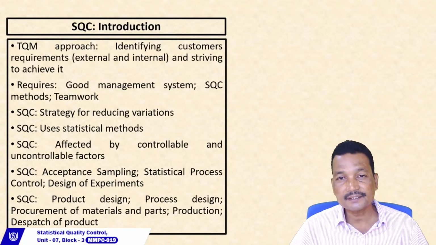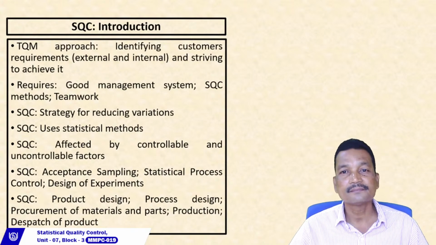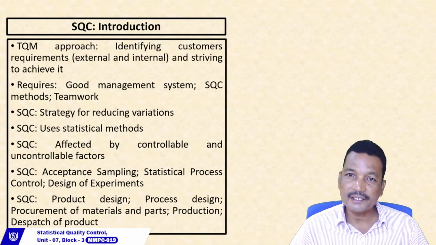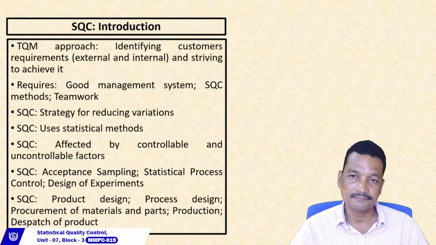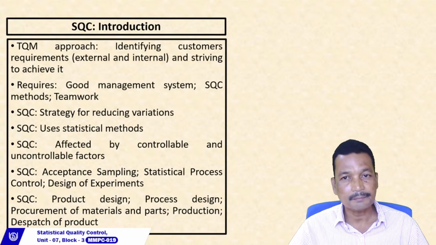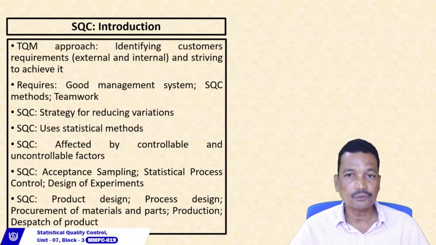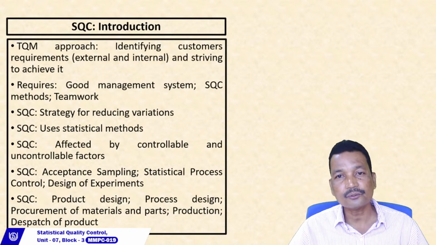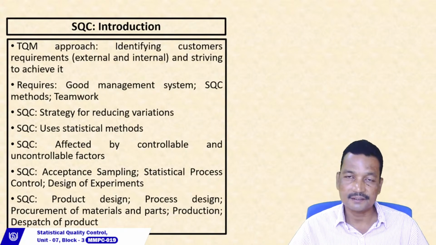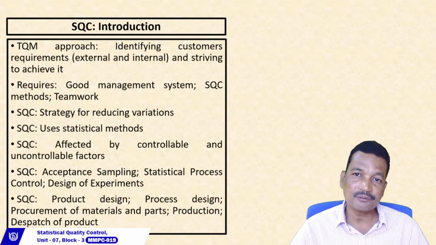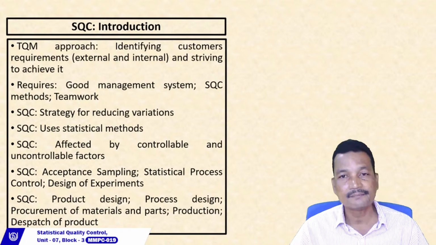So how much variation can we allow so that the pen has a body as well as a cap which fit perfectly? That is the biggest question. So statistical quality control techniques will help us to reduce the variations. That means it will keep the diameter of the cap under such a limit that it fits the body of the pen.